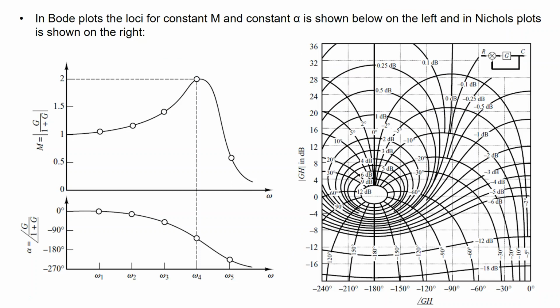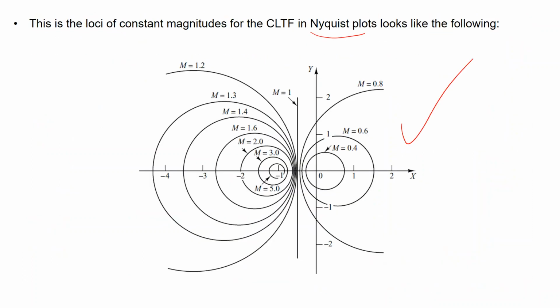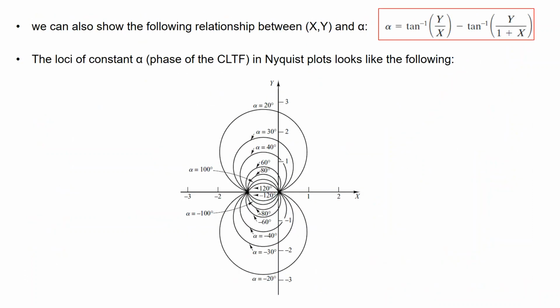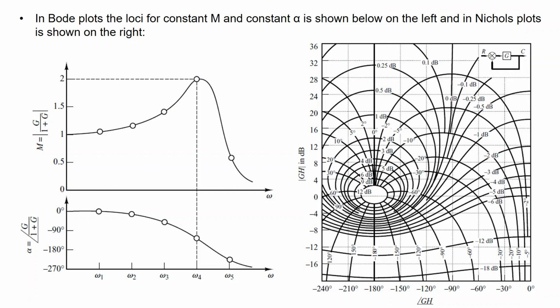Now, how do those constant M values and constant alpha values, these circles, look in a Bode plot or in a Nichols plot? Well, in a Bode plot, a constant magnitude locus will look like this curve, and a constant phase would look like this curve.